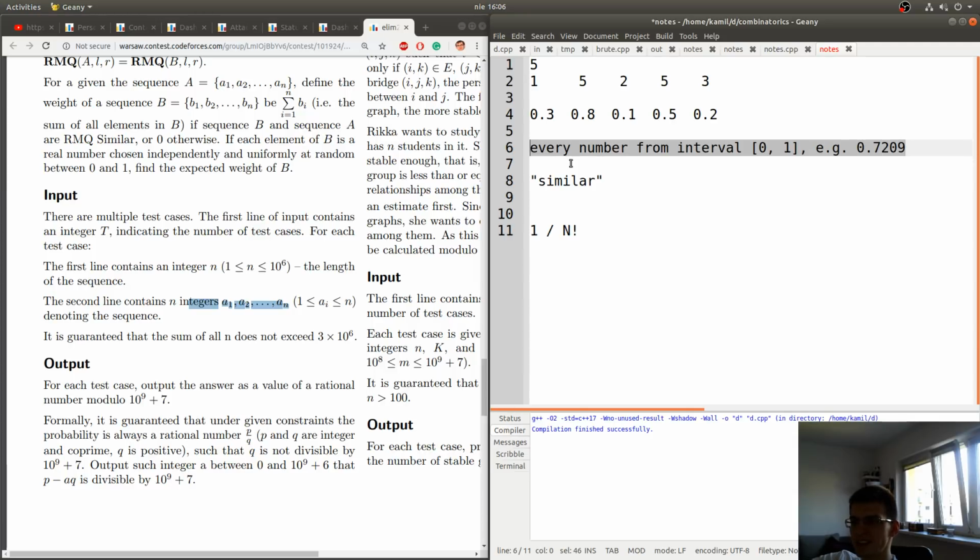We can say that the probability that some two numbers will be equal is 0. If you generate two or more random numbers in some interval, those can be any real value in this interval, so the probability is extremely slow. It's in fact equal to 0.